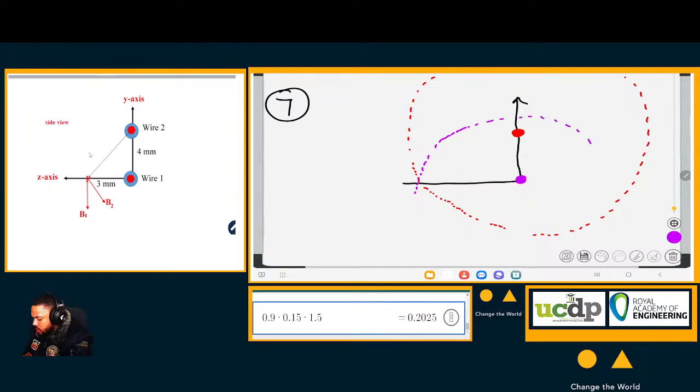So it will go like that. Now it's not up to scale. I just want to show you what happens at the point P. So it is something like that and something like that.